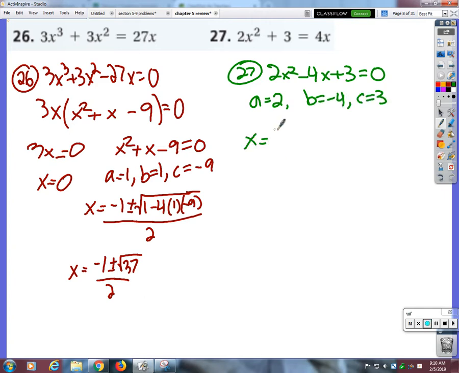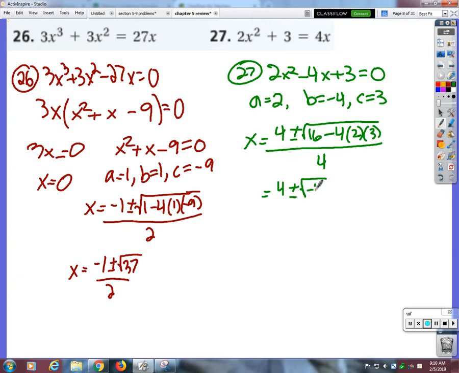So, opposite of B, plus or minus the square root of B squared minus 4 times A times C, all over 2 times A. This is 24, so this works out to be negative 8. Okay? Which is why that wouldn't factor, because of the negative number in there.